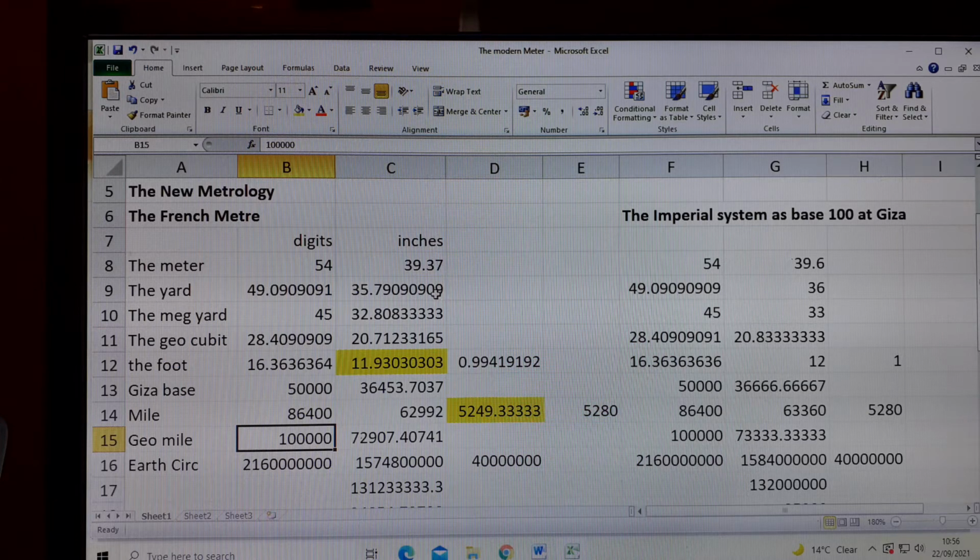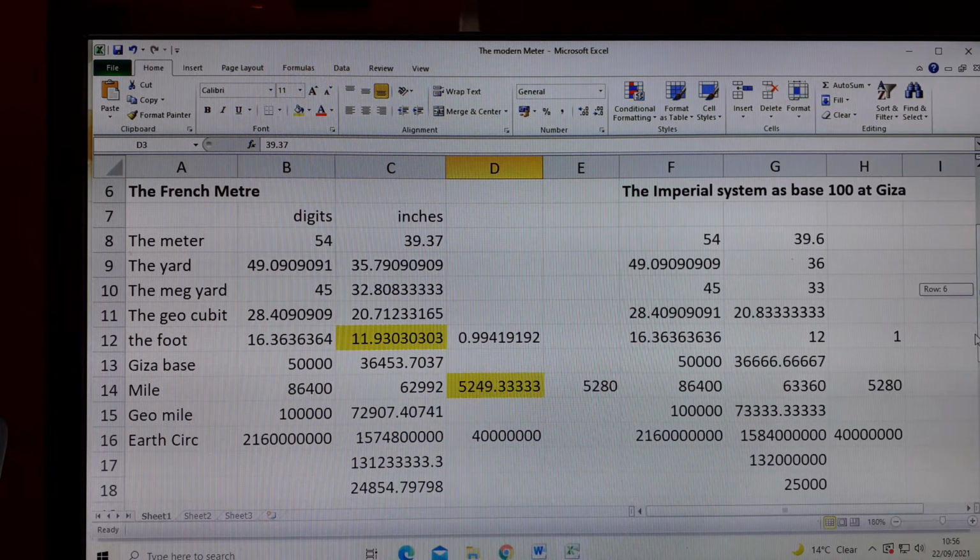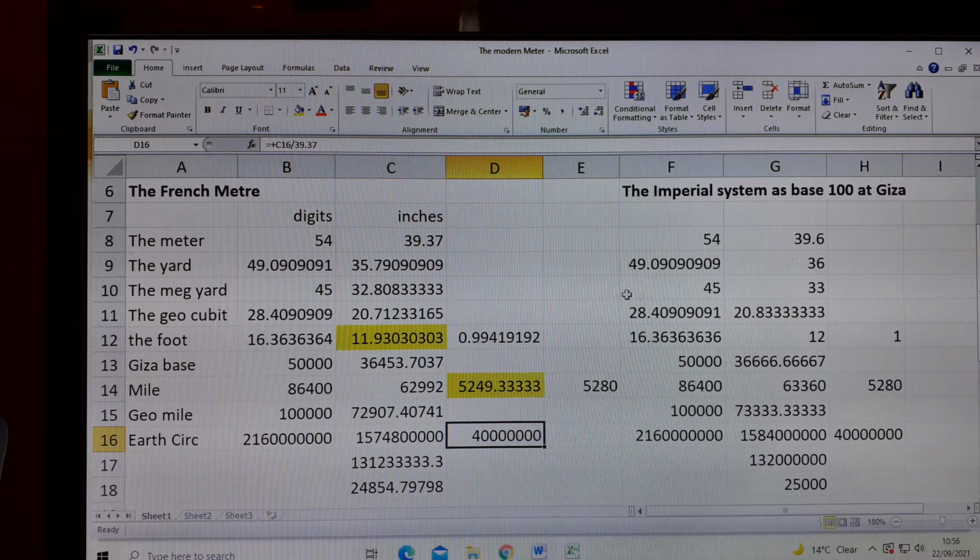So we're applying this Berriman digit that we're deriving from the French metre. And we find that the Giza system, or the system of the Great Circle, is giving us this Earth's circumference, and it's 40,000 metres of 39.37, and there are reasons for this.